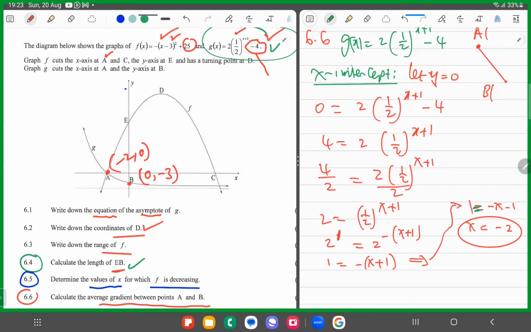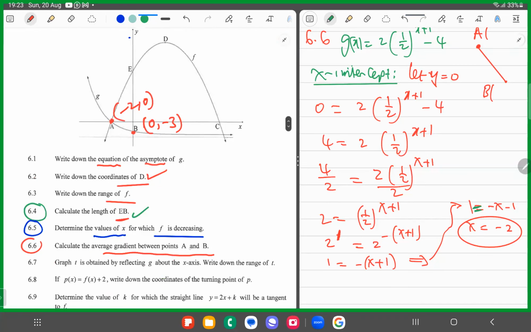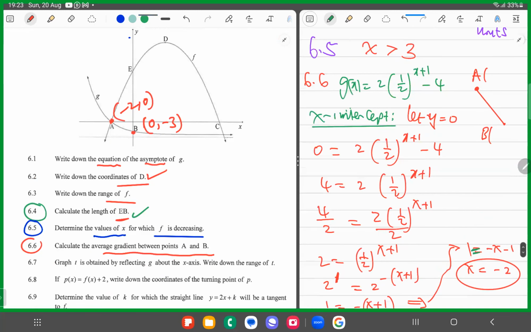We want to now find the average gradient. So we just need the coordinates of A and B. The coordinates of A are -2 and 0, and the coordinates of B are 0 and -3.